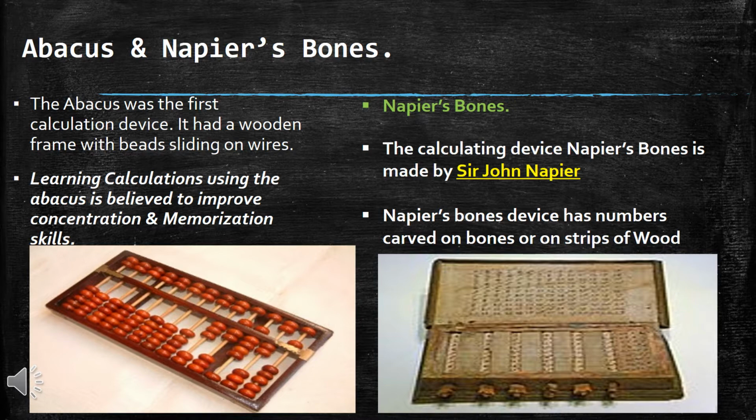The device has numbers carved on bones or on strips of wood. There are some strips of bone and numbers are carved on them. Carved means written on it. So that is Napier's bones, and the first picture is of the abacus. So abacus was the first calculating device and Napier's bones was made by Sir John Napier.